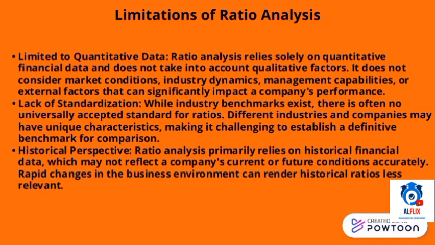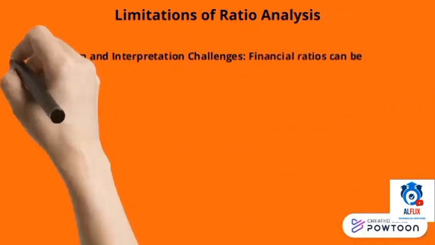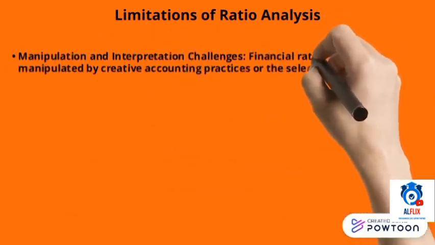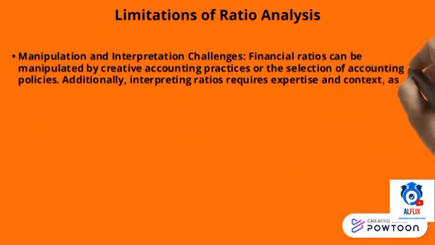Historical perspective. Ratio analysis primarily relies on historical financial data, which may not reflect a company's current or future conditions accurately. Rapid changes in the business environment can render historical ratios less relevant. Manipulation and interpretation challenges. Financial ratios can be manipulated by creative accounting practices or the selection of accounting policies.